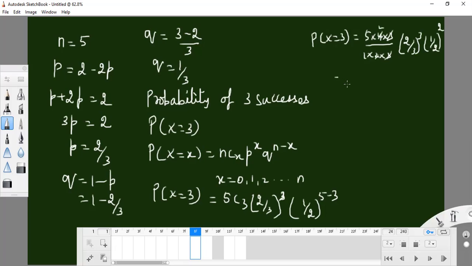The answer is 10 into 2 by 3 the whole cube, 1 by 2 the whole square.